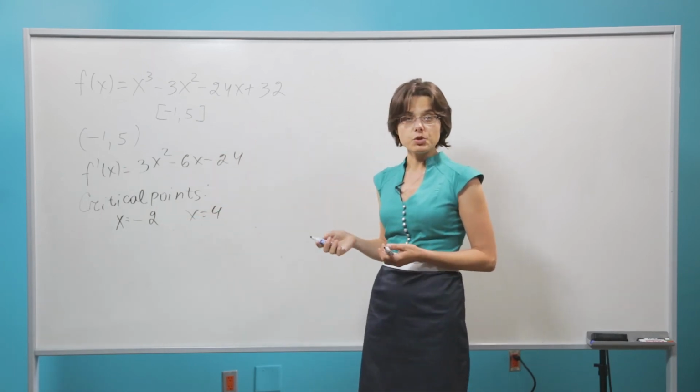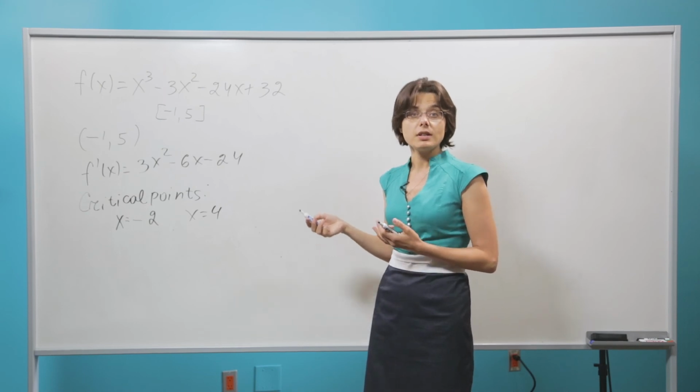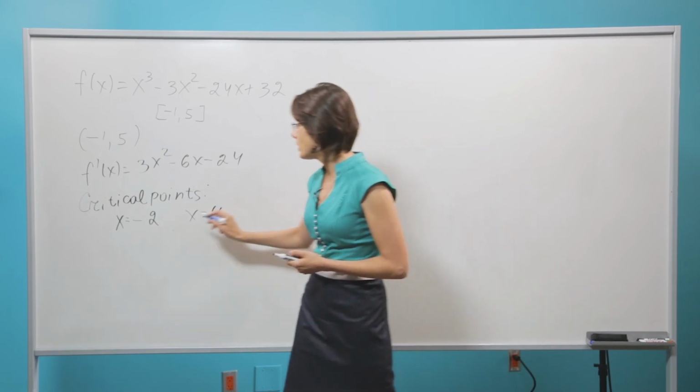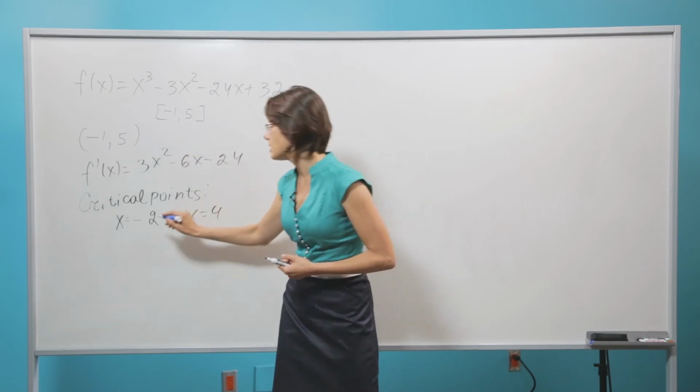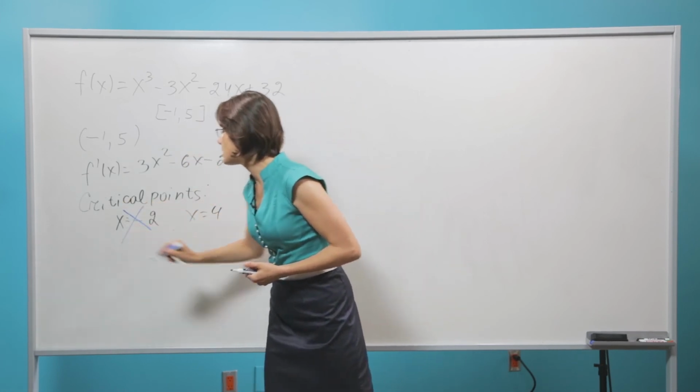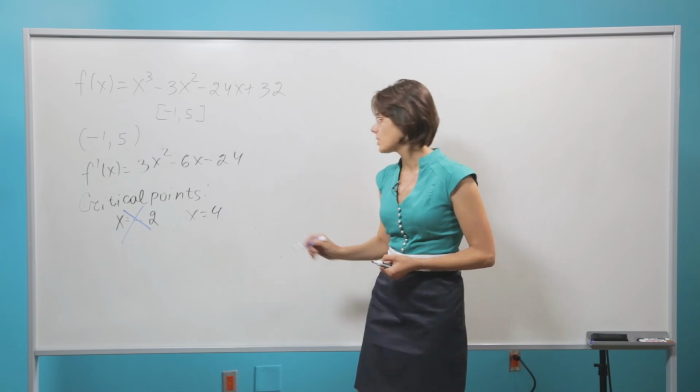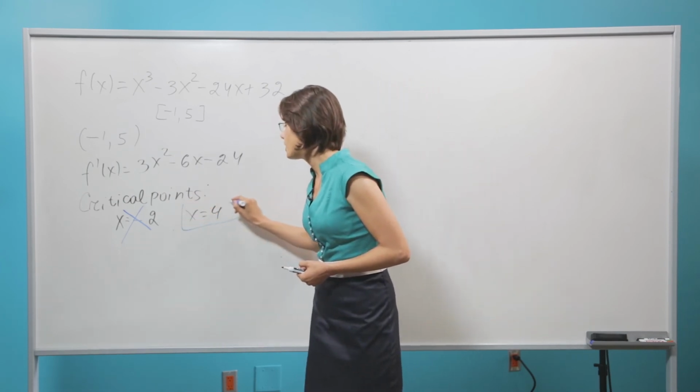Now we have to double check whether these points are inside of the interval. Look, point -2 is not inside of our domain. It means that we are not considering it as a critical point. So we have only one critical point, 4.